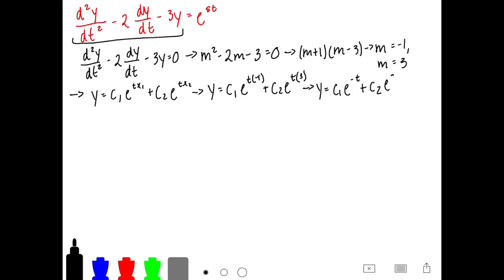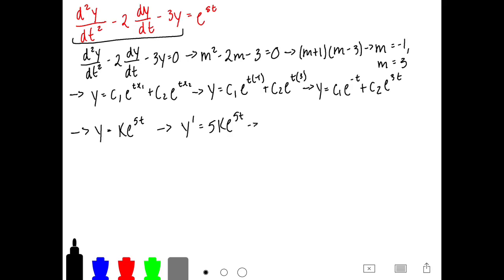So now we'll have to find our constant. And we'll have y equals k times e to the 5t. And then we'll find the derivative of that, which will be y prime equals 5k e to the 5t.